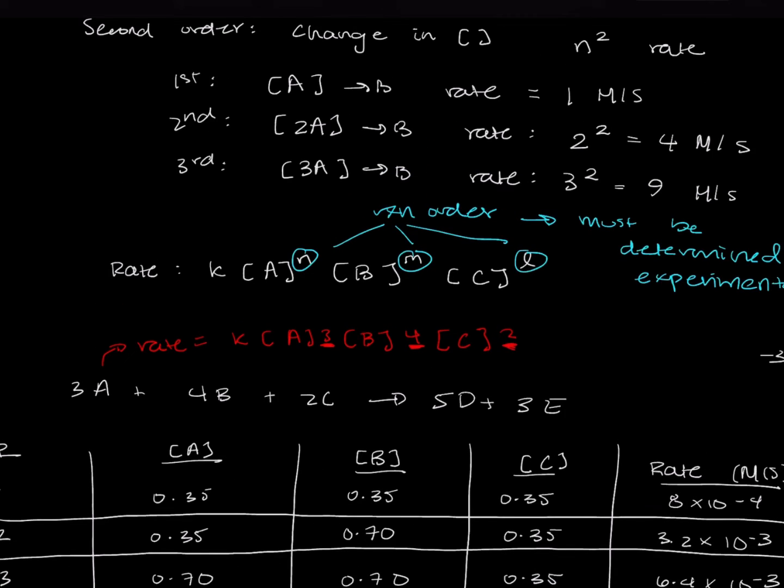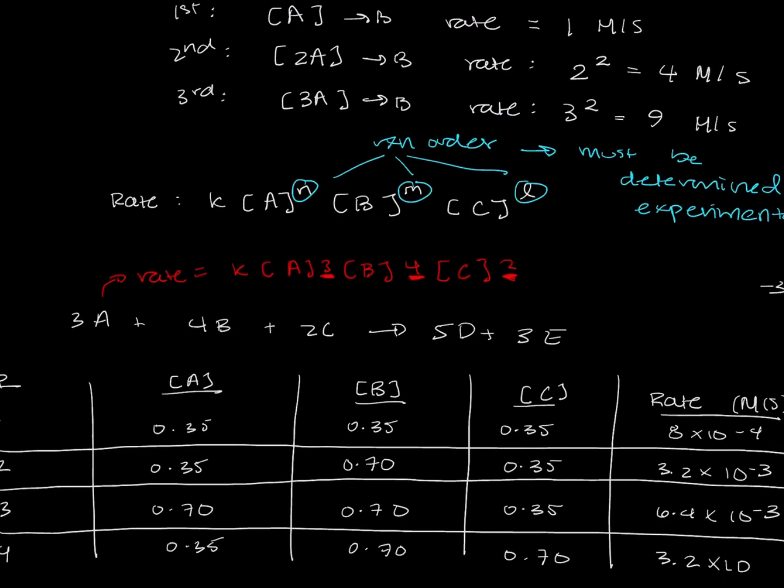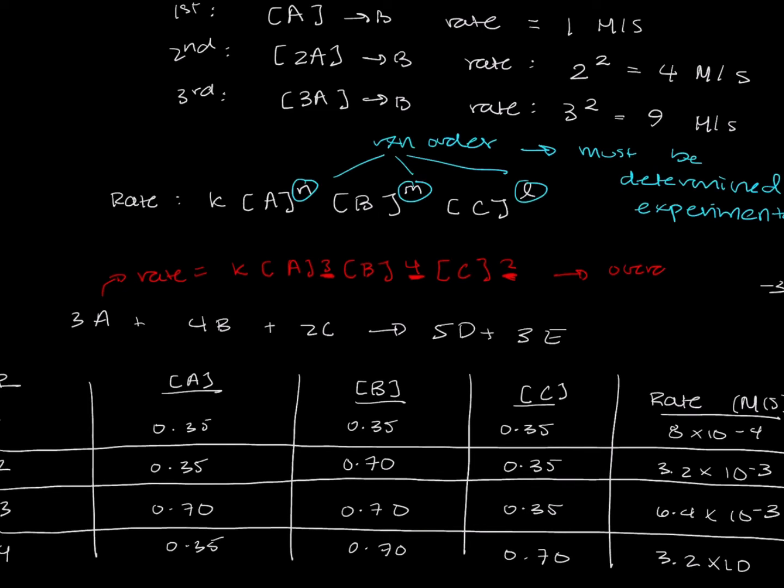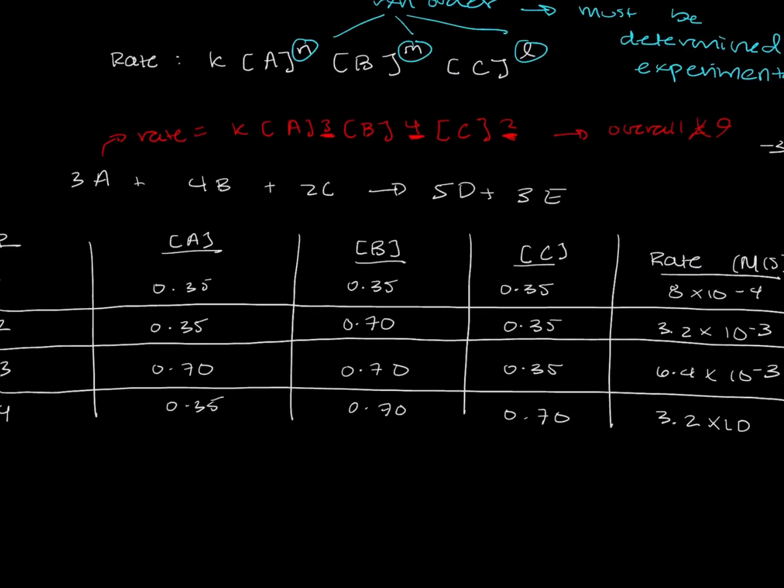It means it's going to be squaring that. But a fourth order and a third order reaction are very unlikely. And also, what we have to do is sum up the entire reaction order to determine the overall reaction. So that would be summing up these exponents. It'd be 3 plus 4 plus 2. The overall would be 9. So we know that doesn't make any sense, right? So yeah, unfortunately we can't just look at these exponents to determine the rate order.